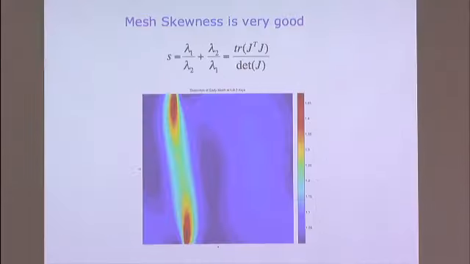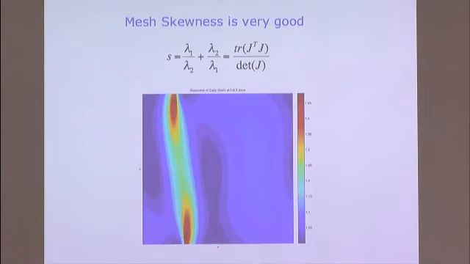And if you don't believe me, there's a skewness measure. If lambda 1 and lambda 2 are the eigenvalues of the Jacobian, then this is a canonical measure of the skewness. It basically tells you if a square is mapped to some sort of parallelogram, how skew that parallelogram is. Sorry, I should have divided by that. 1 is basically non-skew at all, and large is skew.